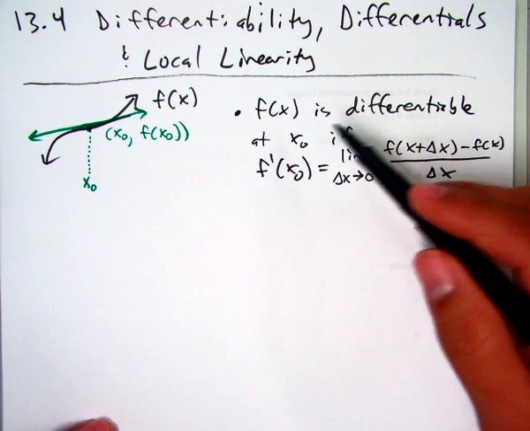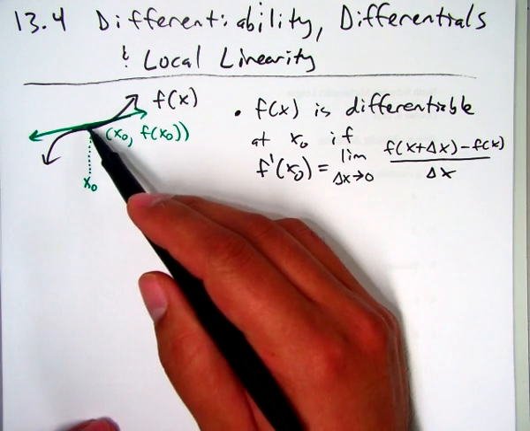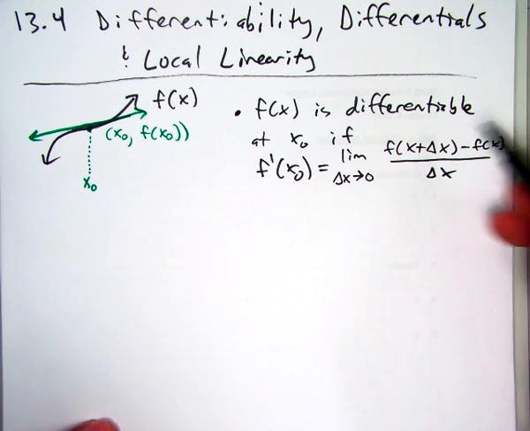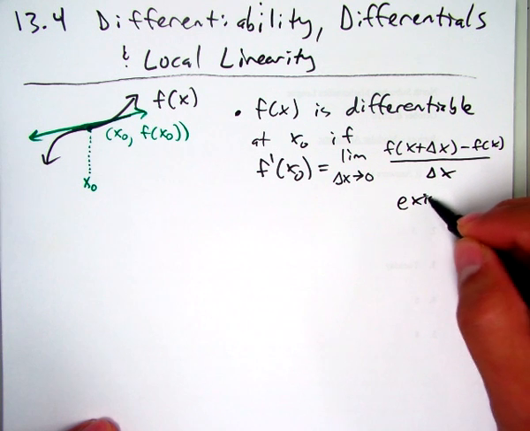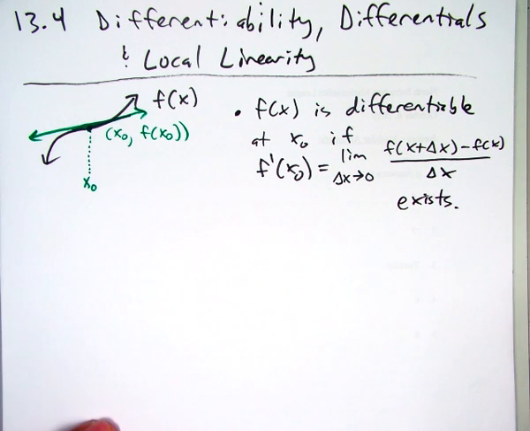So we say that this function is differentiable at this point, provided that this limit exists. So that's what you learned last year, and we saw that even with multivariable functions. So that's one thing that we need to keep in mind.